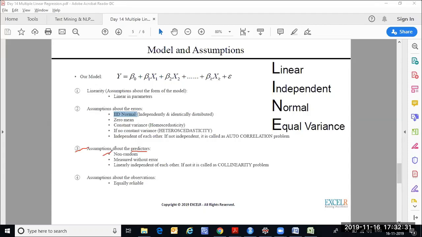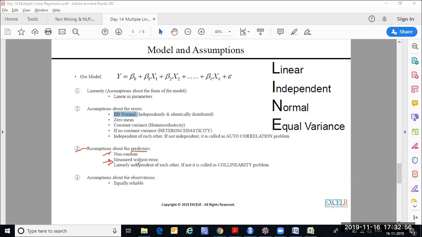There's no point in selecting more and more variables that are available, though they are not relevant. And they should be measured without any error. Your input values, the x1 value, x2 value, and so on, should all be measured without any error.